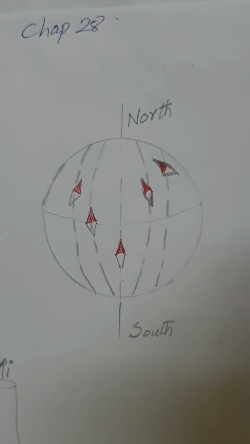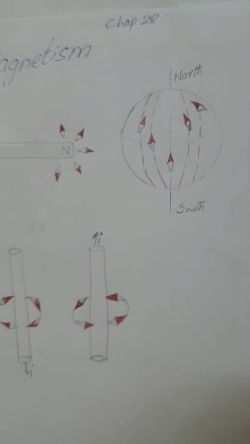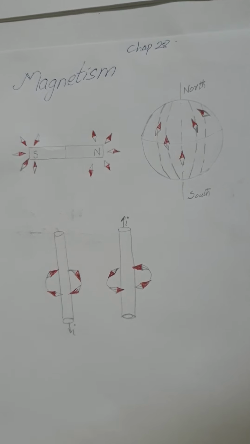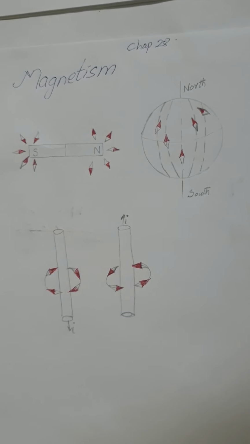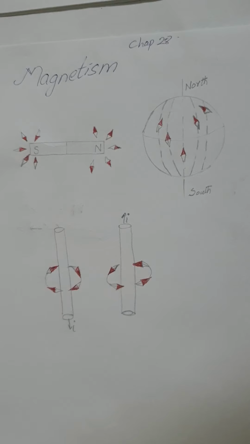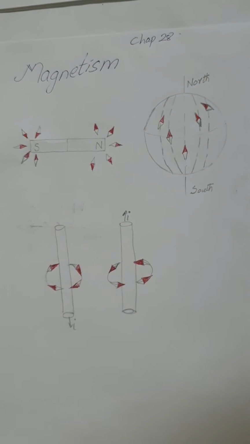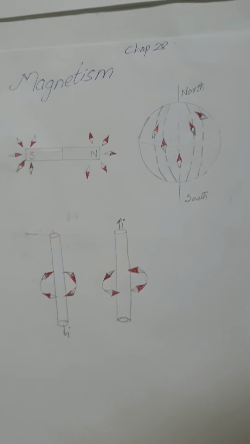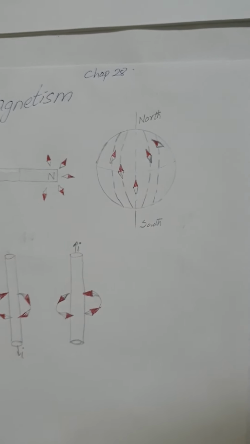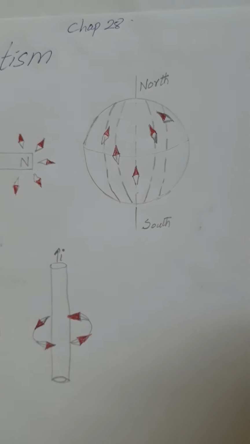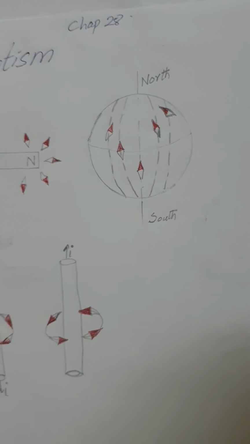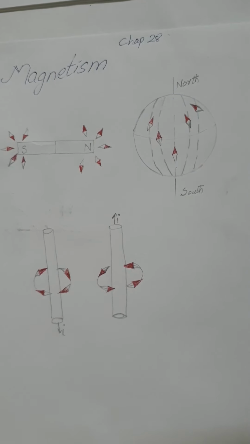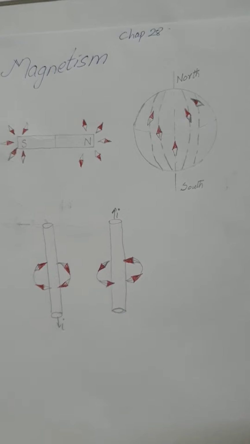So this outcome can be described by the same language which we use for electrical interactions: one piece of magnetite or the Earth sets up a magnetic field and the other piece responds to that magnetic field, and the direction of the magnetic compass gives the direction of the horizontal component of the magnetic field of the Earth. Then we can also use this magnetic compass to trace out the magnetic field of a bar magnet.